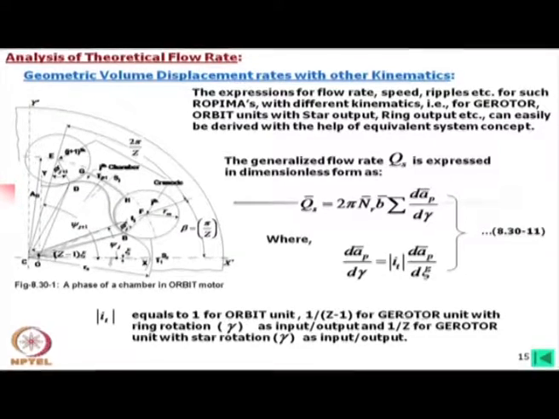For a G rotor unit with ring rotation, when the ring is rotating, simply put 1 by z minus 1, and we get this value, and then the flow rate for that G rotor unit with ring rotation. For star rotation, this will be 1 by z, and we find the same expression. In case of the orbit motor, this is 1.